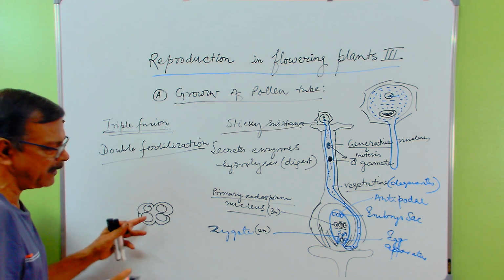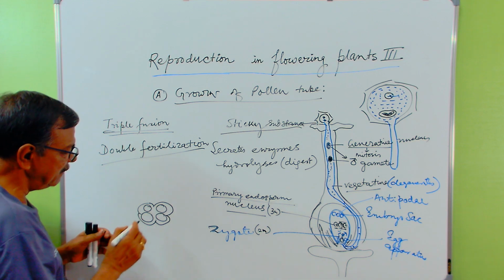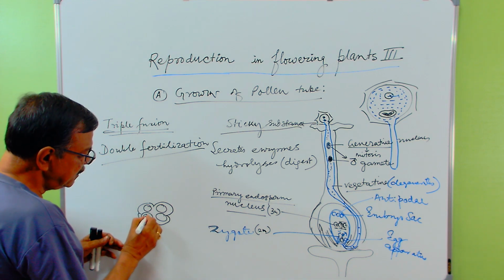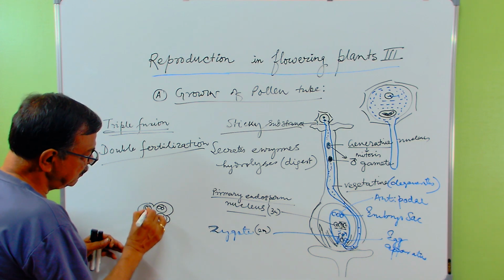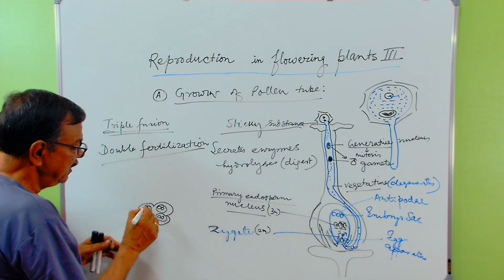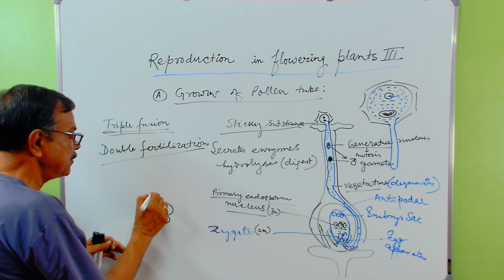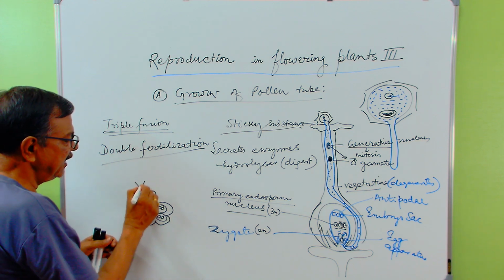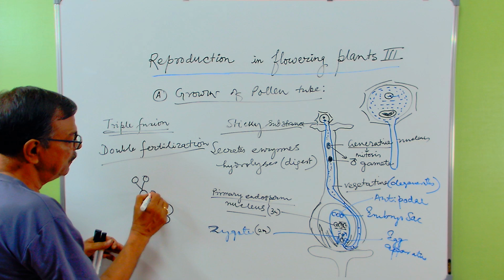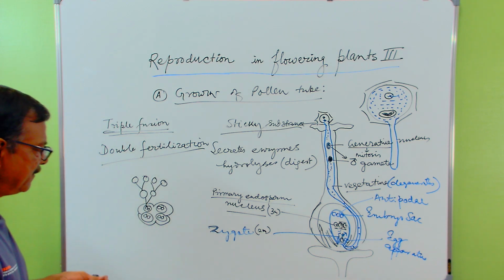Microspores are produced in the microsporangium, and in the microsporangium, the spore mother cells or microspore mother cells are produced. It undergoes meiosis to produce two nuclei. Again, it produces 1, 2, 3, 4 nuclei. Clear? This is the anther.